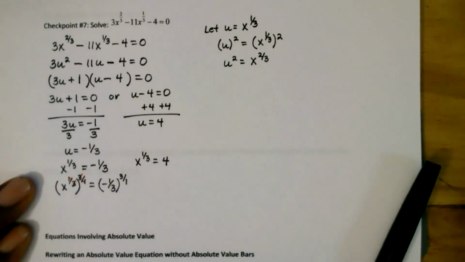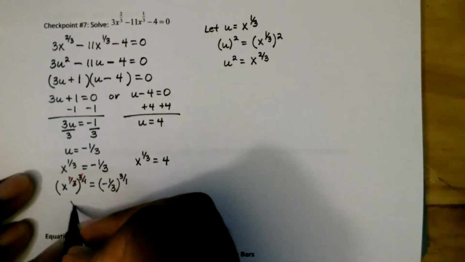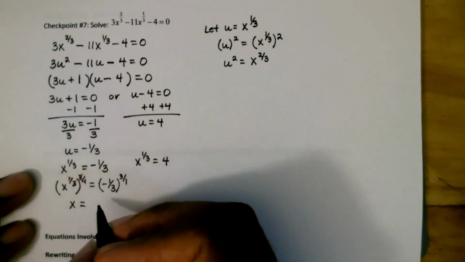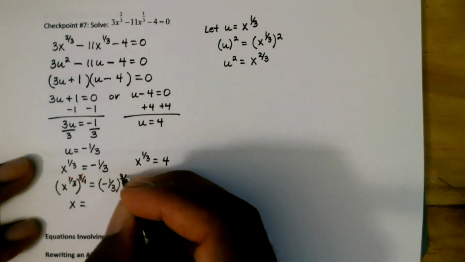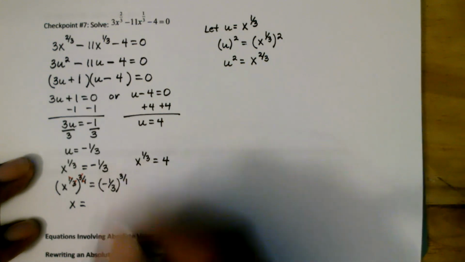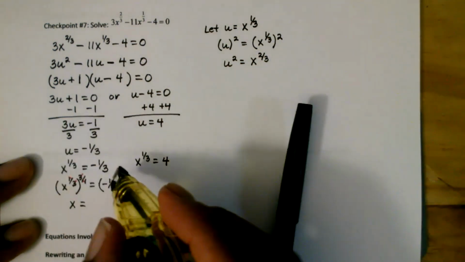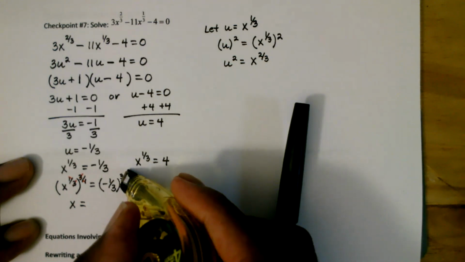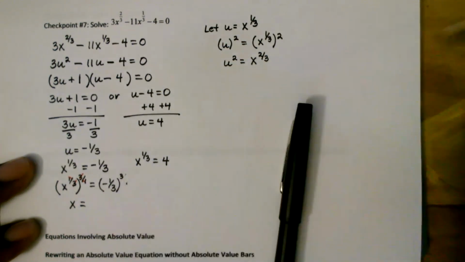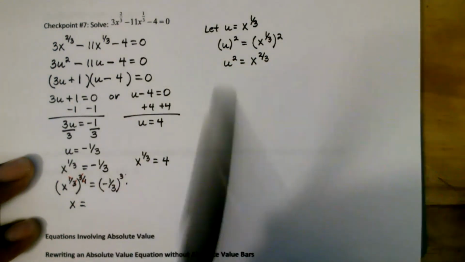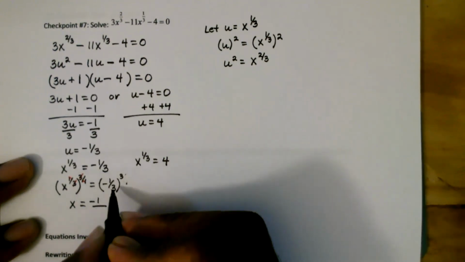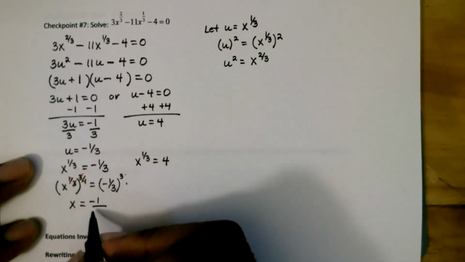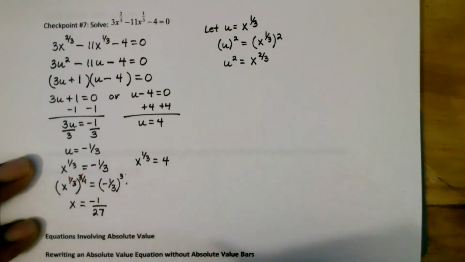You will be left with x, and that's equal to negative 1/3 to the 3rd power, which is actually negative 1/3 cubed. I can cube the numerator and cube the denominator. Negative 1 cubed is negative 1, over 3 cubed. 3 times 3 times 3 will be 27.